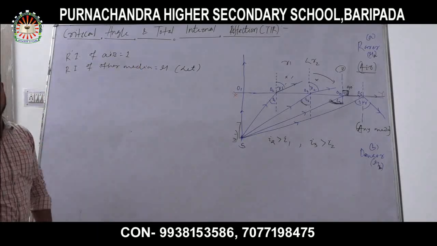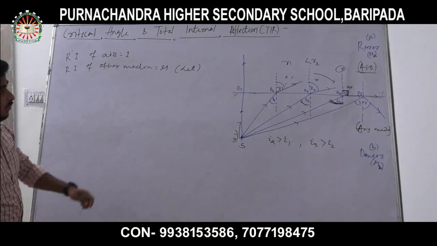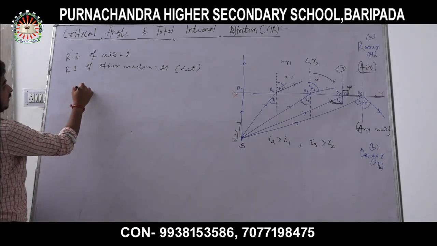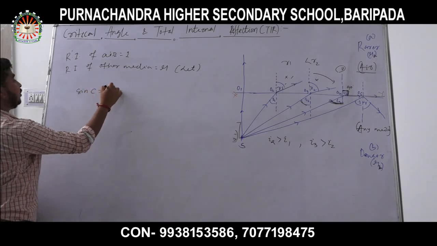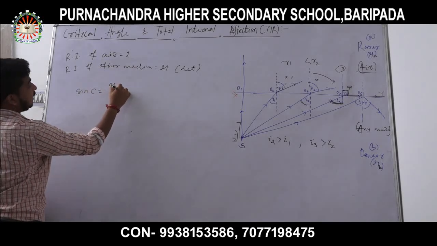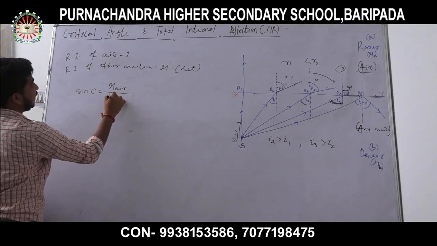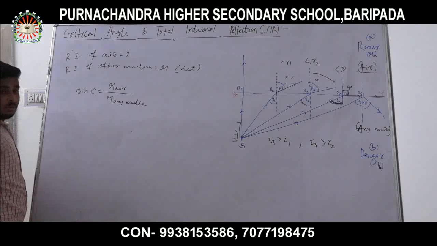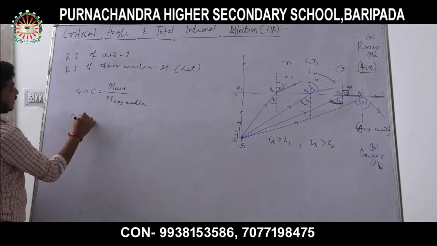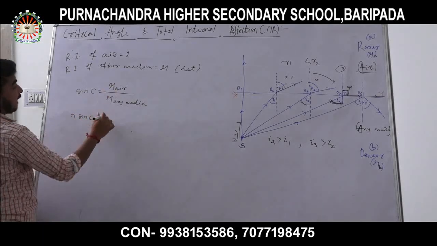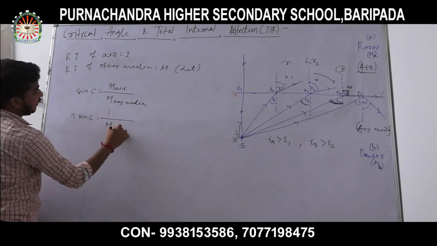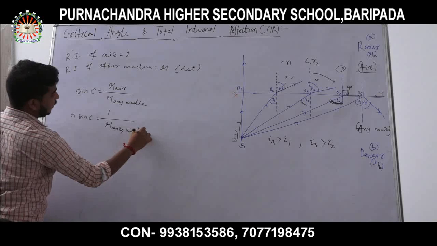Now let's calculate the critical angle for air and any media interface. I can write the formula as sine of C is equal to the refractive index of air divided by the refractive index of any media. So sine C is equal to 1 divided by the refractive index of any media.